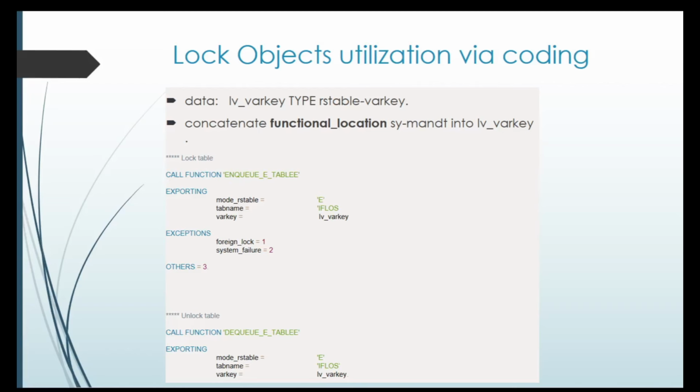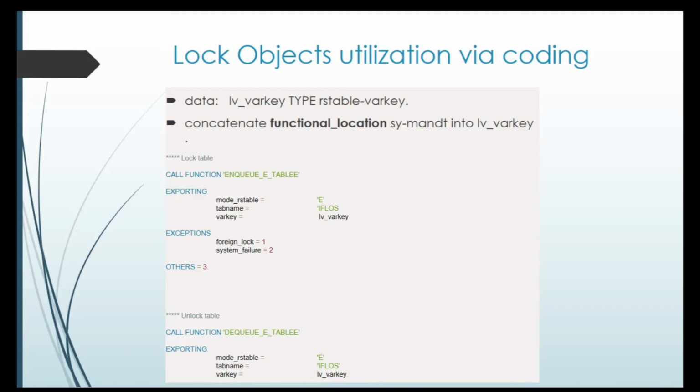The second thing, we have to concatenate the functional location and the sy-mandt into lv_varkey, because we know via the program or any other source what the value of our variable key is, which we created in the lock object in the SE11 dictionary.